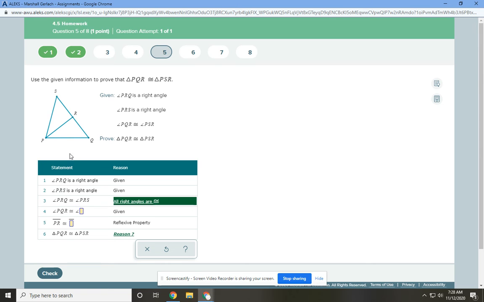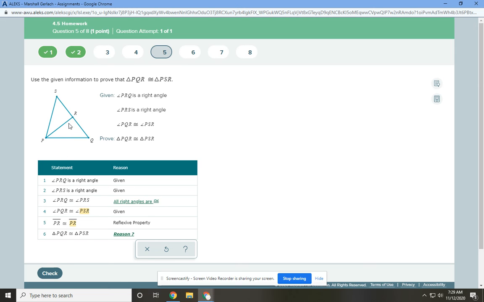Then we have PQR congruent to PSR because it's given to us. And the last, the PR of this triangle is congruent to the PR of this triangle. And because of the reflexive property, we can say that those two sides are congruent.